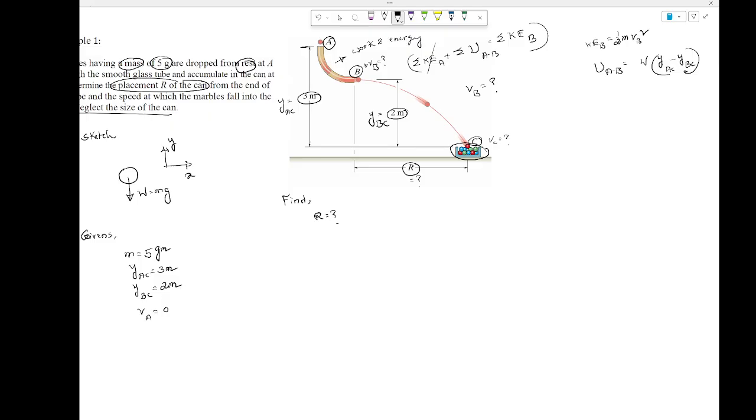And what are you going to do with this velocity? Now take a look here.